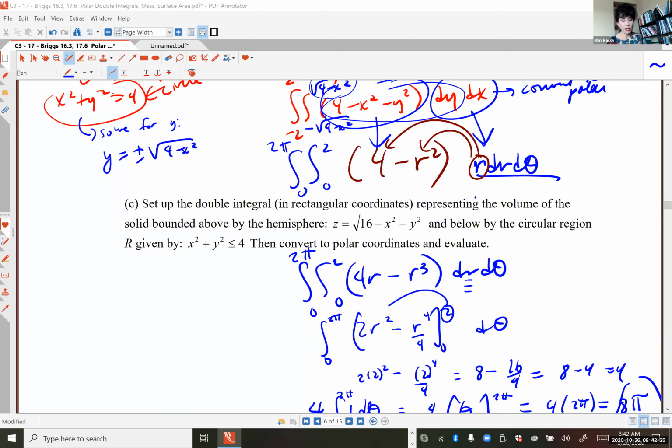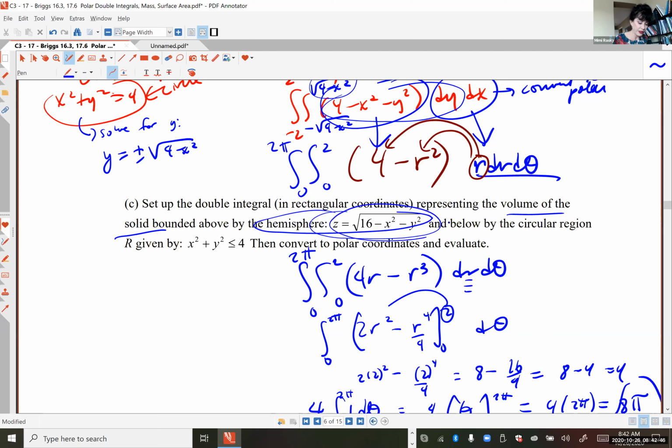Let's do something harder. What if you want to find another volume this time? We're going to find a volume bounded above by a hemisphere. The hemisphere is the upper hemisphere of a sphere centered at the origin of radius what?